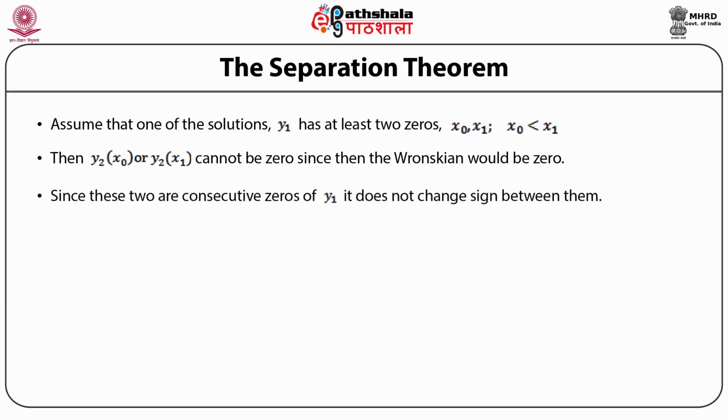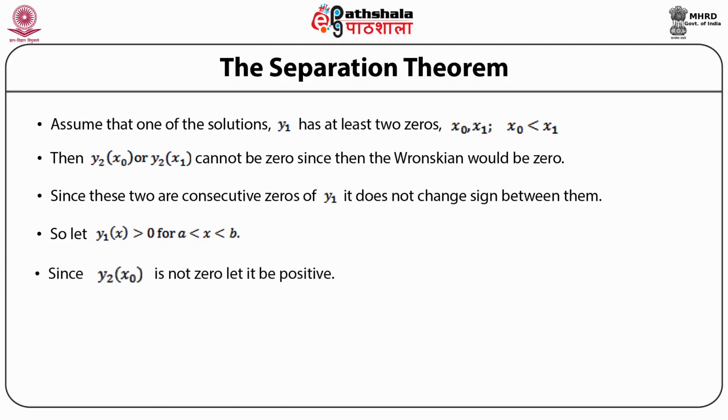Since x0, x1 are consecutive zeros of y1, it does not change sign between x0 and x1. Without loss of generality, we assume that y1 of x is greater than 0 for x lying between a to b. Since y2 of x0 cannot be 0, we assume that y2 of x0 is greater than 0.